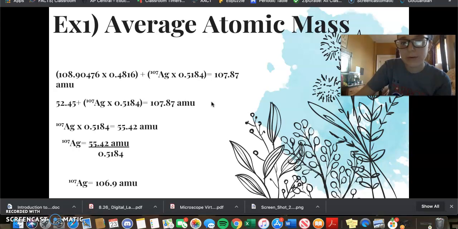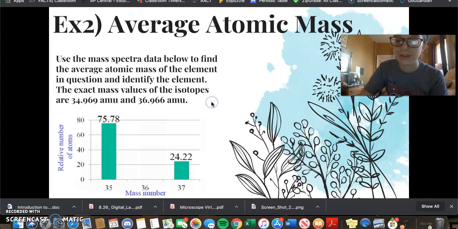You can also figure out what element a sample is using the periodic table and the output that the mass spec gives you. So here we have the average atomic mass of an element in question, and we want to identify that element.